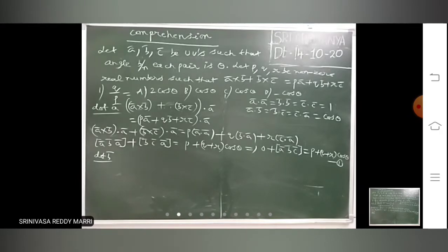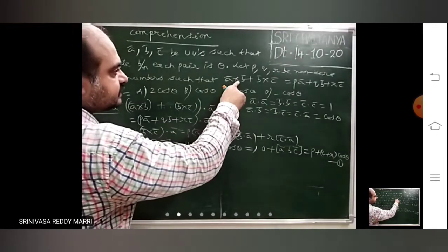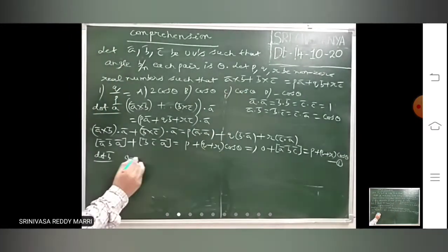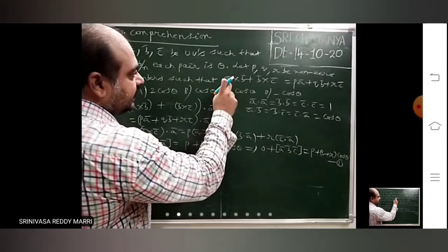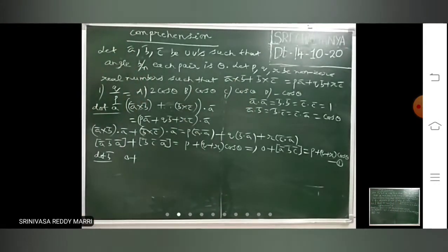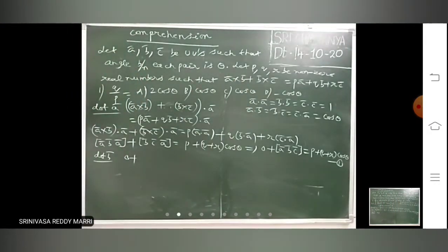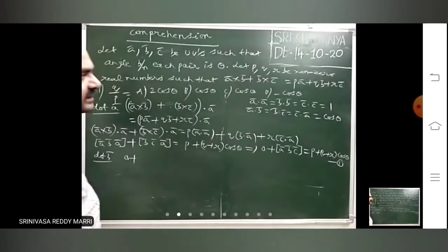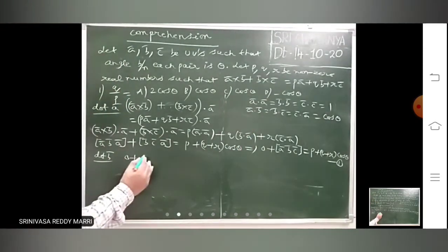Dot B bar means, look here: A bar cross B bar dot B bar is 0, because two are identical. B bar cross C bar dot B bar is also 0, two are identical.